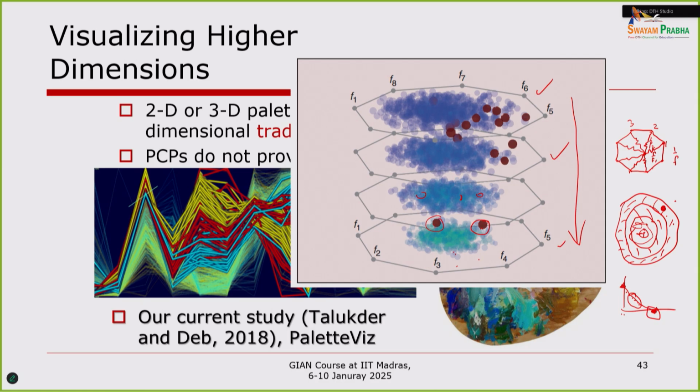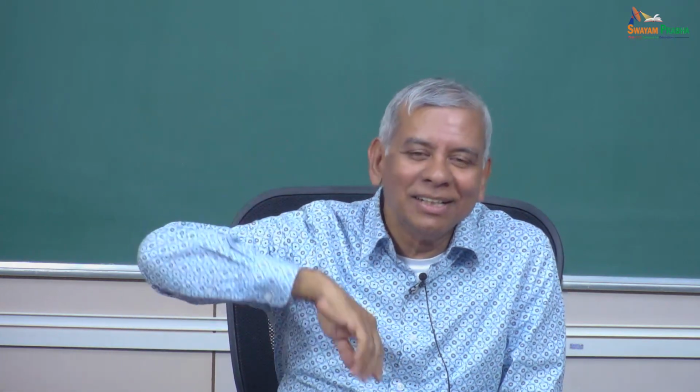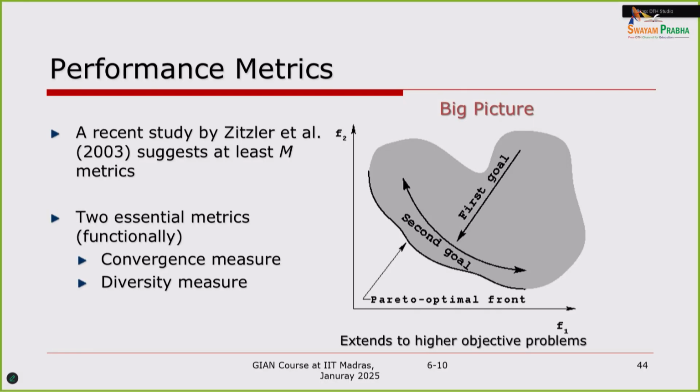Our data has trade-off: you sacrifice in one objective to gain in another. So for that kind of data, we should have our own ways of showing them. This is something we figured out, but I think there is more scope here to do more. Okay, that's all I'm going to say on the visualization methods.